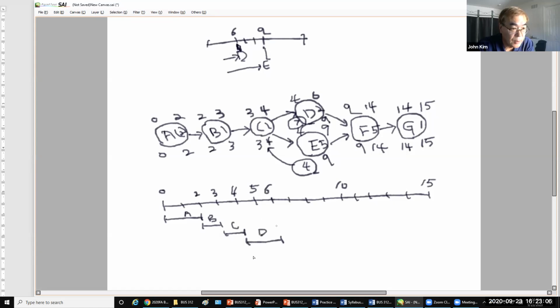And E starts at 4 and finishes at 9. And then F starts at 9 and finishes at 14. And G, 15.